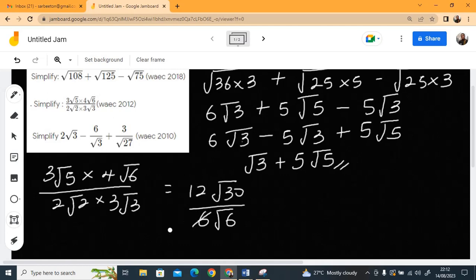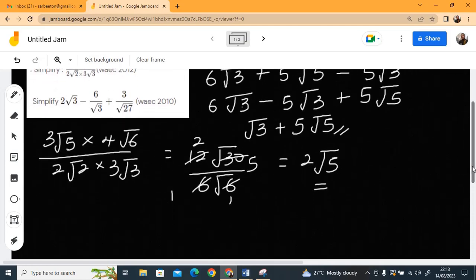So 6 over 6 is 1, 12 over 6 is 2. Root 6 here divides root 30 to give root 5. So your final answer here is 2 root 5. When you rationalize, you still get the same answer. I'm just making it easier for you in case this question is objective and not theory, so you don't have to stress yourself, because your working is not needed.